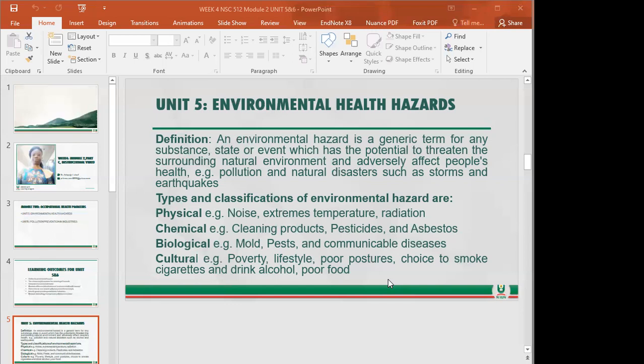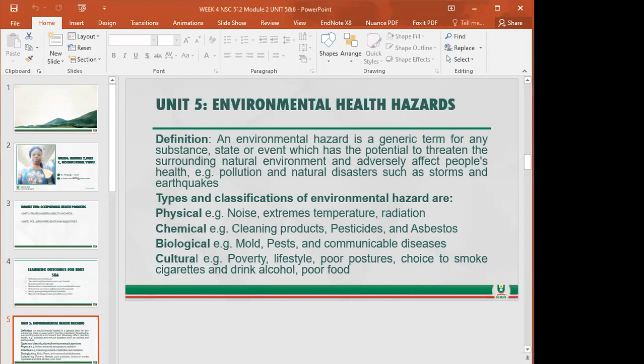The biological will be the mold, the pest, as well as communicable diseases, while the cultural environmental hazard will be poverty, lifestyle, poor postures, choice to smoke cigarettes and drink alcohol, as well as poor food.